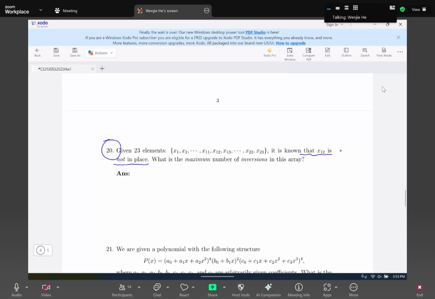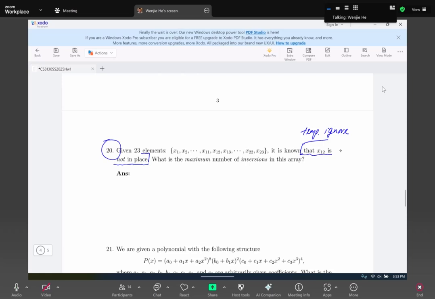The first step, still temporarily ignore this condition, so that we can make this question a little easier. Without this condition, when we answer this question, it should be easier.